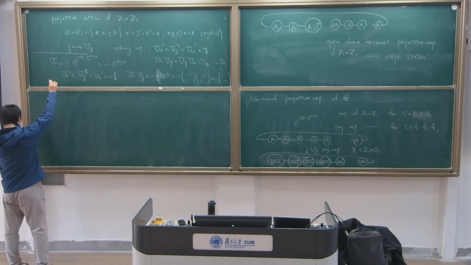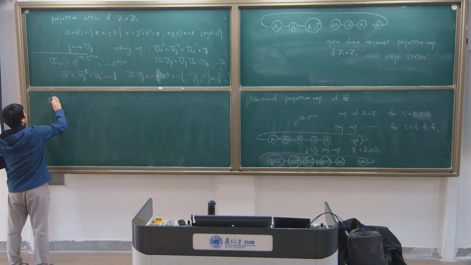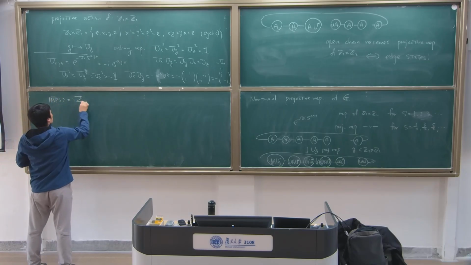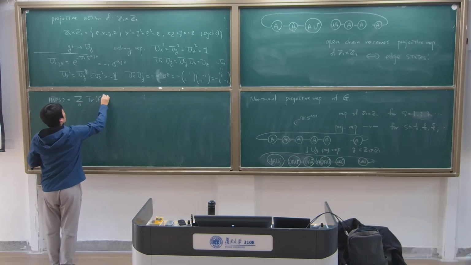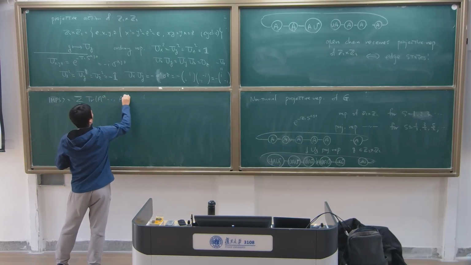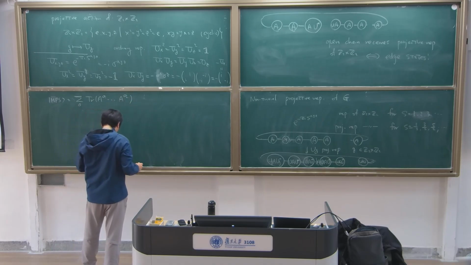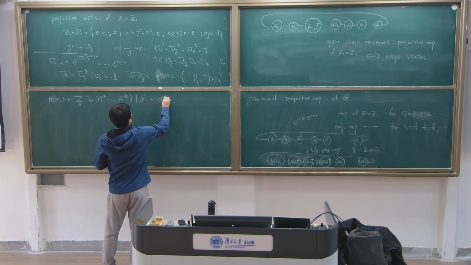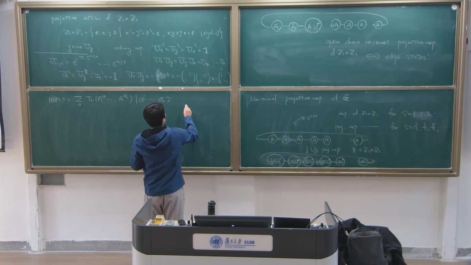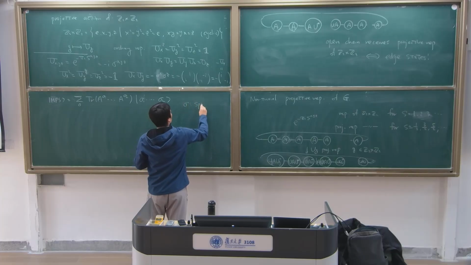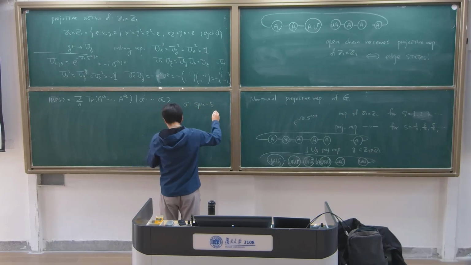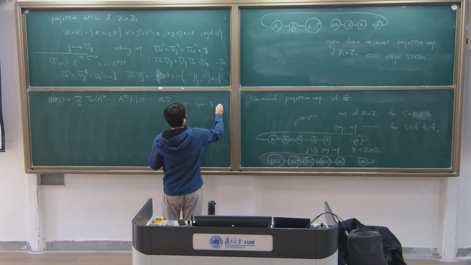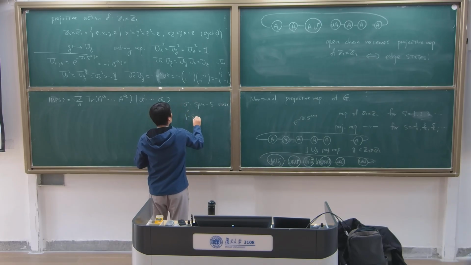So let's consider the MPS of length L, which is sigma, where sigma is in the S state.